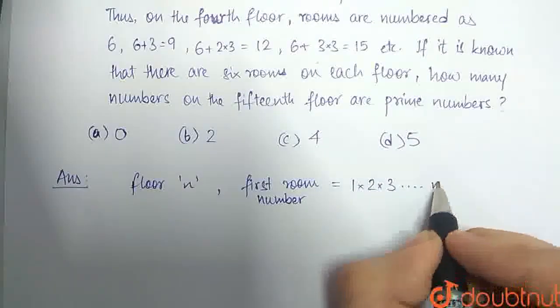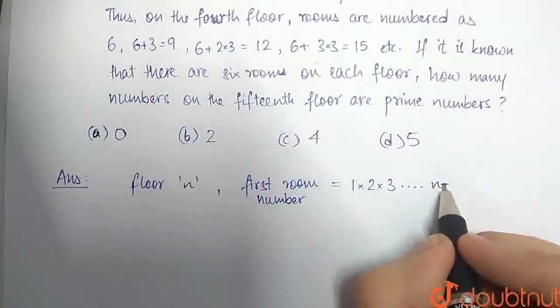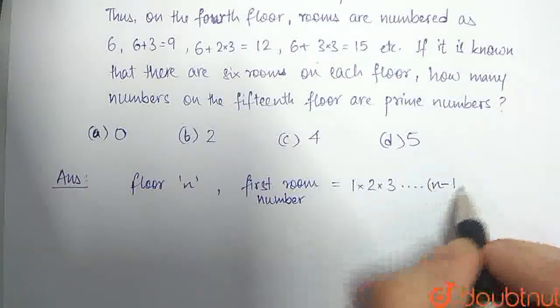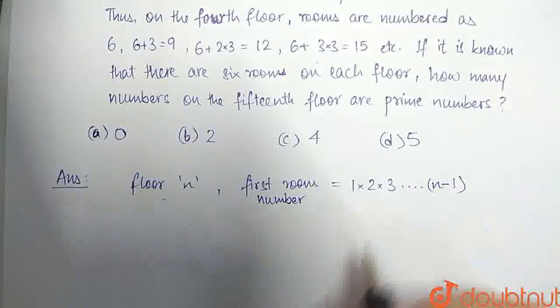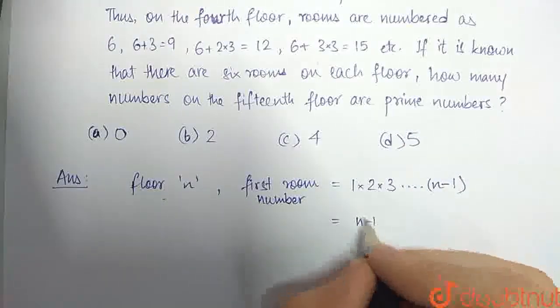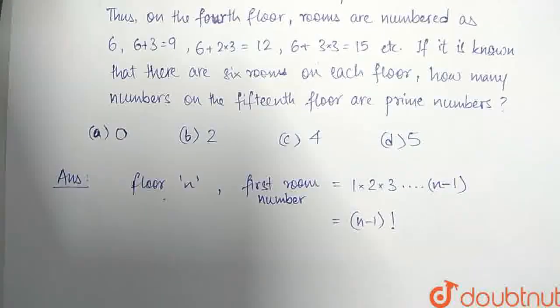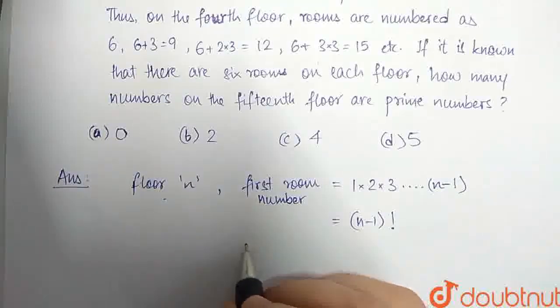This will be n minus 1, all floors below n. This term here is the same as n minus 1 factorial. So we can say that the first room number on any floor is the factorial of the floor number below it.